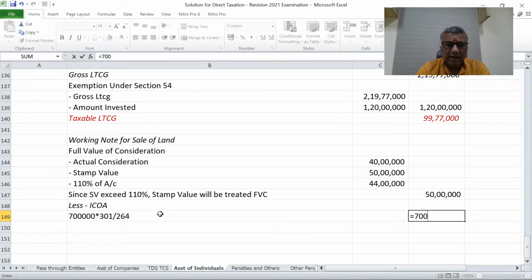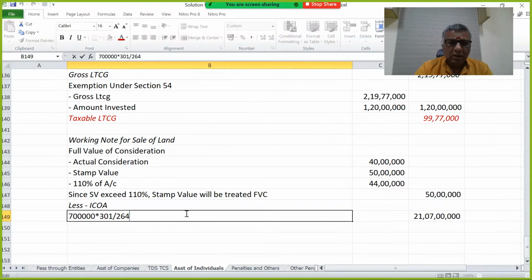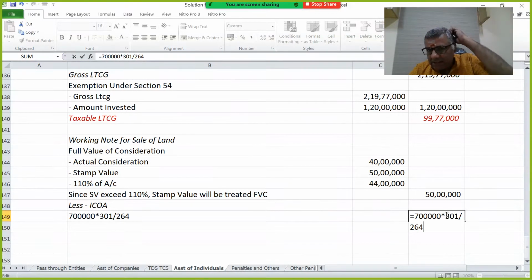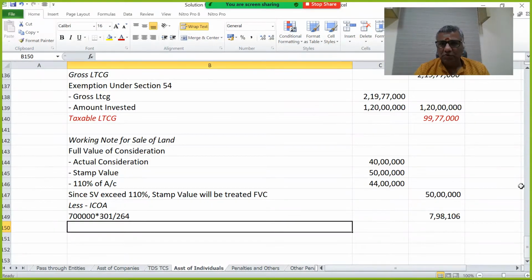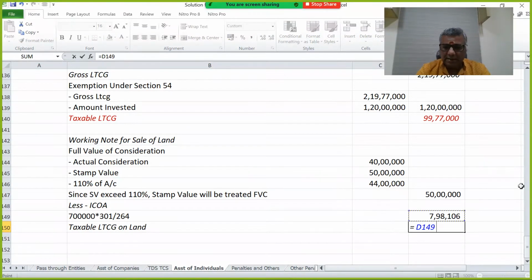Repeating, 7 lakhs into 301 by 264. It is long term because 2016 means more than 2 years, so it's a long term capital asset. Taxable LTCG on land.